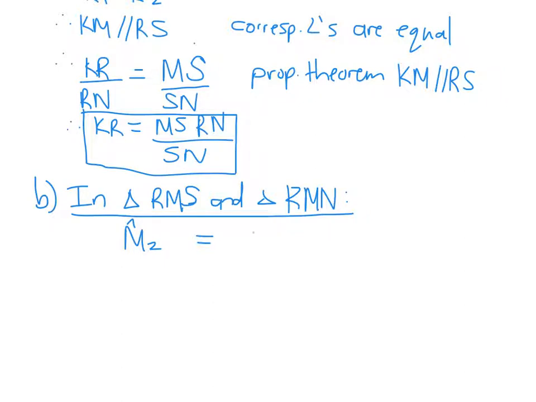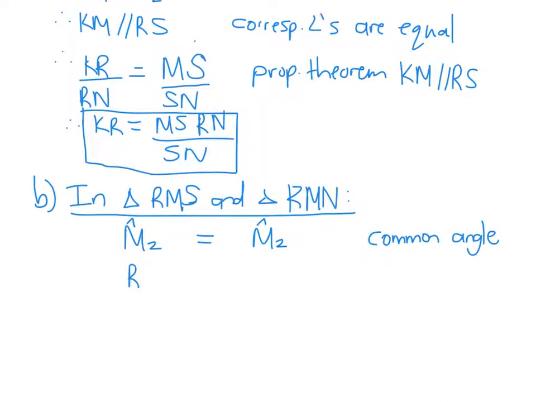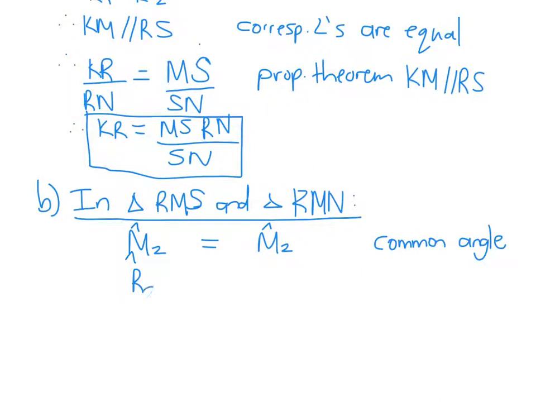M2 in this triangle is equal to M2 in that triangle. Why? It is a common angle. Then, like I just said, I can show that angle R2 is equal to angle N2 because it's a tangent chord.